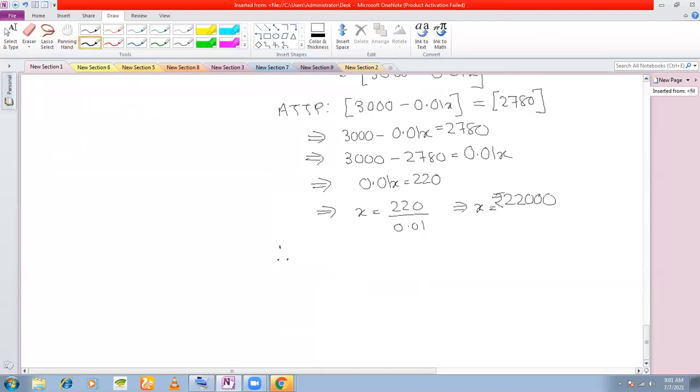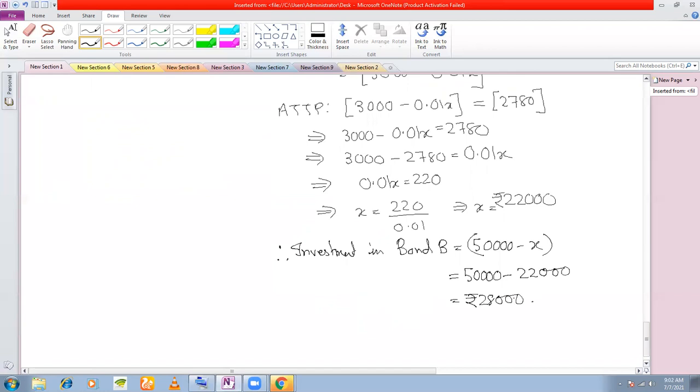Therefore, investment in bond B, total investment 50,000 minus x, isn't it? Which is equal to 50,000 minus 22,000, which is 28,000. Okay, I hope this is clear.